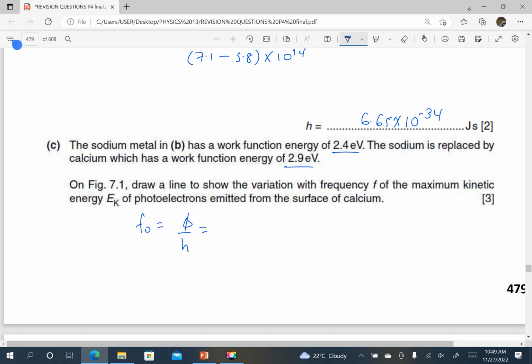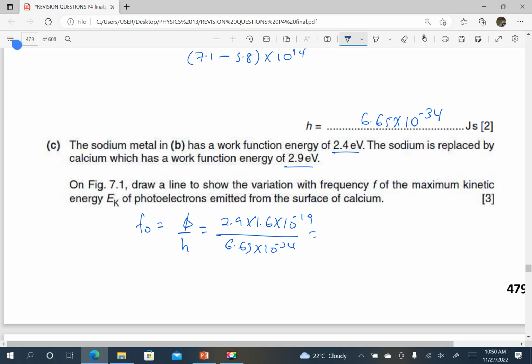The work function is now 2.9 times 1.6 times 10 to the power negative 19, divided by 6.63 times 10 to the power negative 34. On my calculator, 2.9 times 1.6 exponent negative 19, divided by 6.63 exponent negative 34.